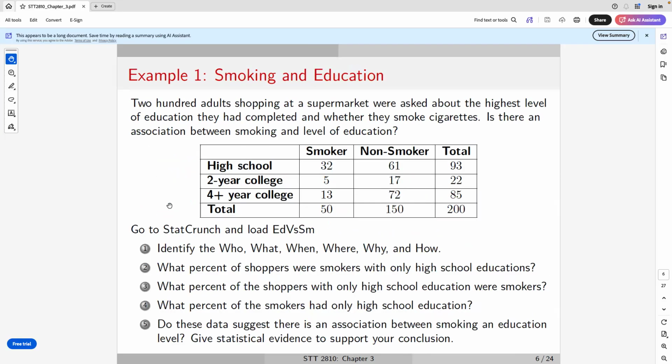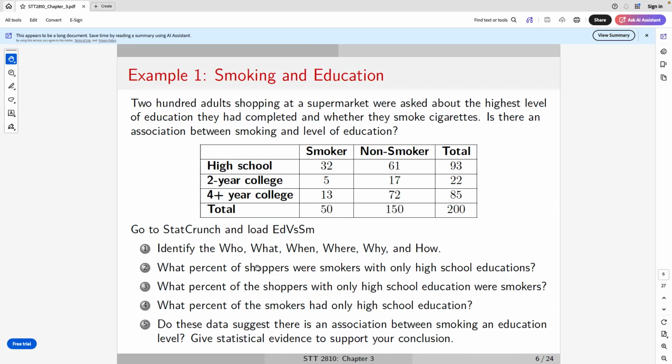Let's get to the next question. The next question says, what percent of shoppers were smokers with only high school education? What percent of shoppers? It's very important you understand the question. So the question is, what percent of what?